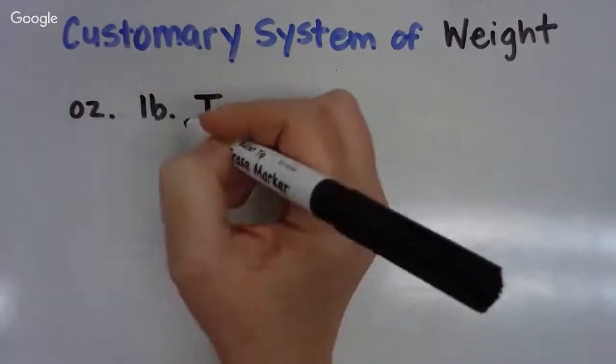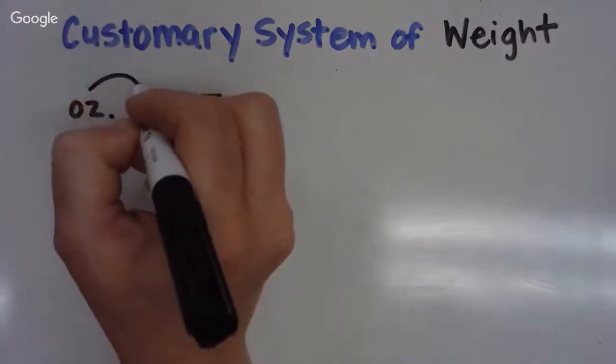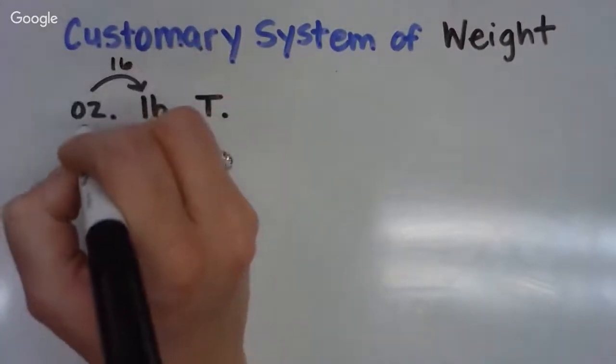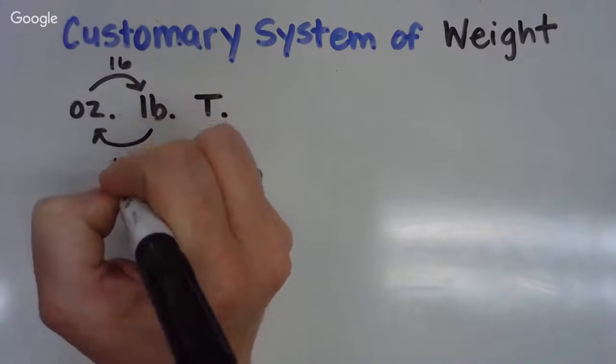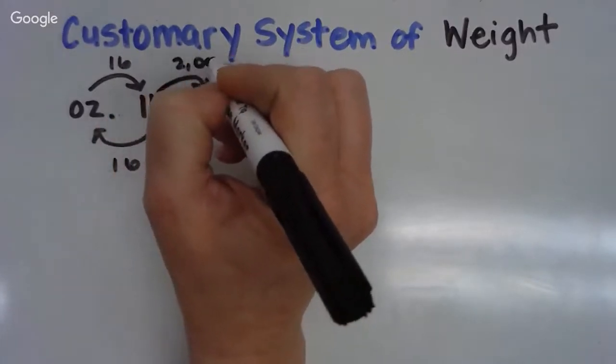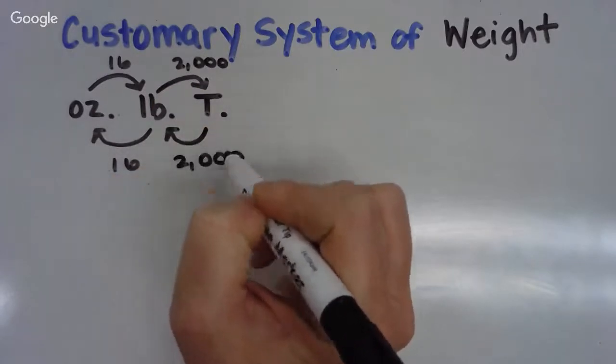There are only 3 units that we have to think of in the customary system of weight: ounce, pound, ton. The relationship between ounces and pounds is 16 because there are 16 ounces in a pound. The relationship between pounds and tons is 2,000 because there are 2,000 pounds in a ton.